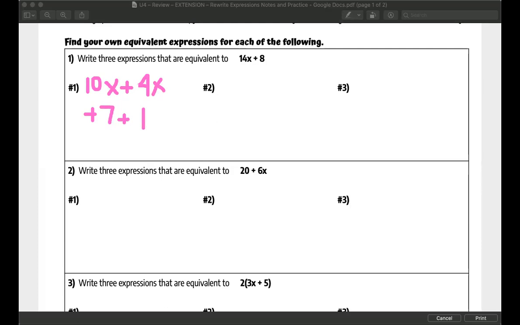These are equivalent expressions because remember, if we combined 10x and 4x, that would give us 14. And if we combine 7 and 1, that gives us 8. So they are equivalent to each other.